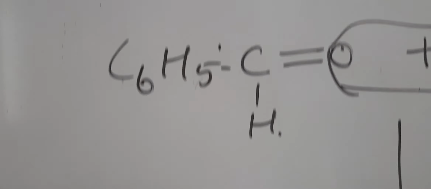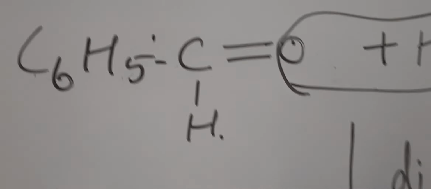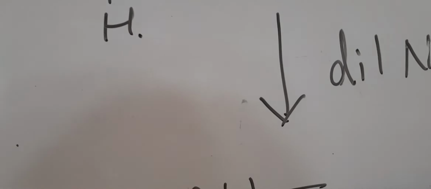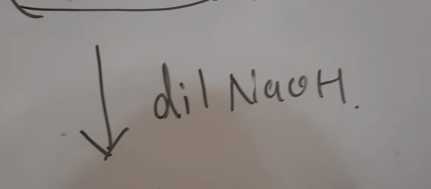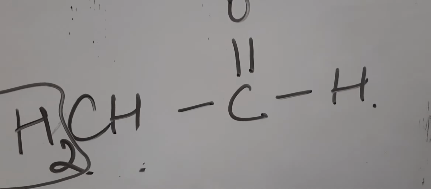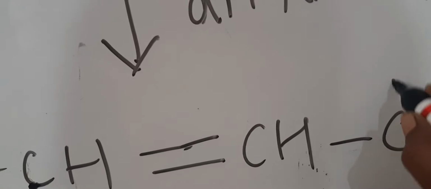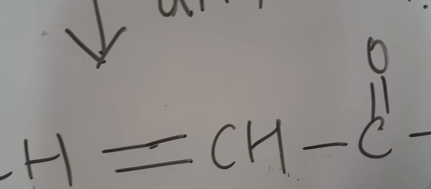So that is C6H5 from here, and then CH, so this double bond, then this CH, then the aldehydic group. What do you get?